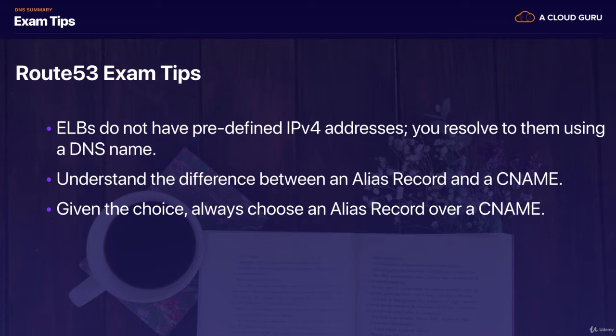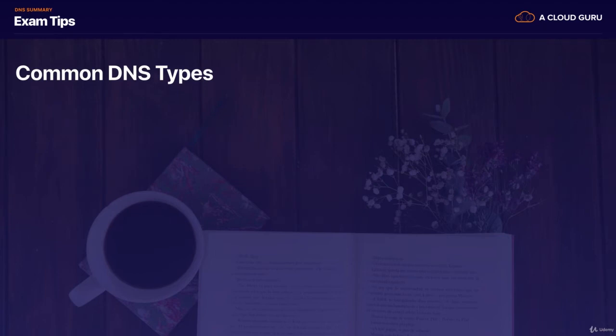Most of the time, Amazon are going to be asking things like your naked domain name. You need to map your naked domain name or your zone apex record to an S3 bucket. What should you be using, a CNAME or an alias record? Well, you want to be using an alias record. And we're going to see how to do that in the serverless section of the course.